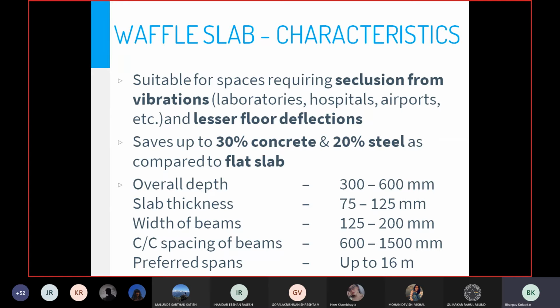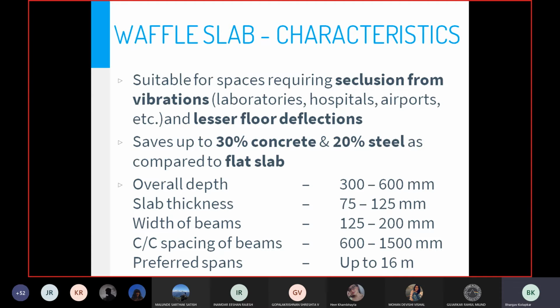In general, if we compare for the same amount of span the concrete quantity and the steel quantity, a waffle slab saves up to about 30% of concrete and 20% of steel as compared to a flat slab.